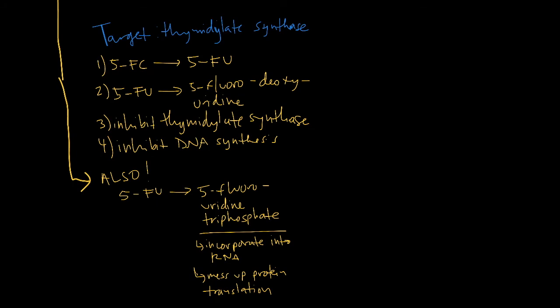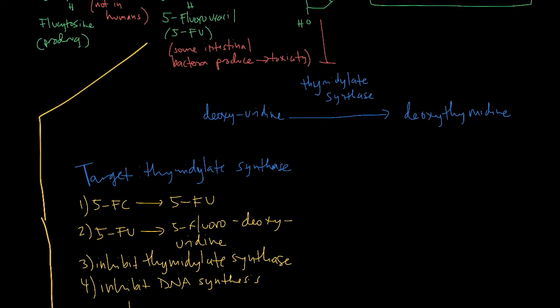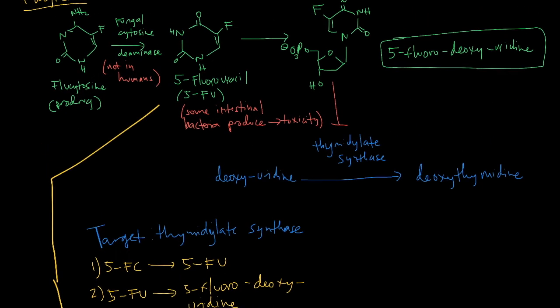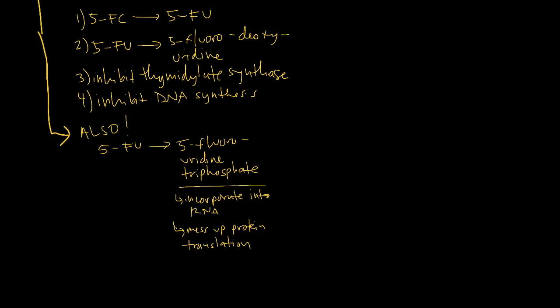There's also a second mechanism by which flucytosine acts. It happens by the 5-fluorouracil pathway. 5-fluorouracil is converted into 5-fluorouridine triphosphate, and this incorporates into RNA, and this messes up protein translation, since RNA is involved in protein translation.